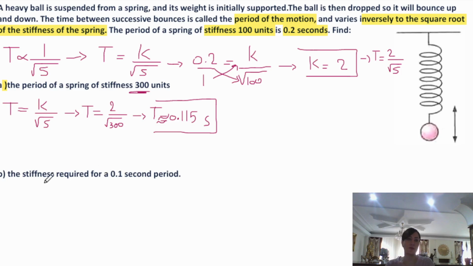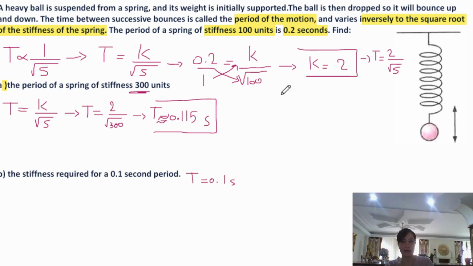I will go for part B. Part B says the stiffness required for a 0.1 second period. So I have T equals 0.1 seconds.